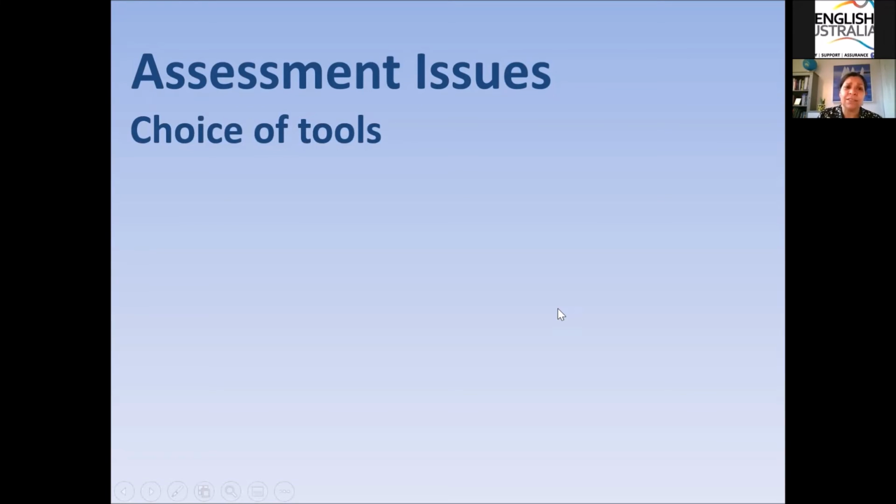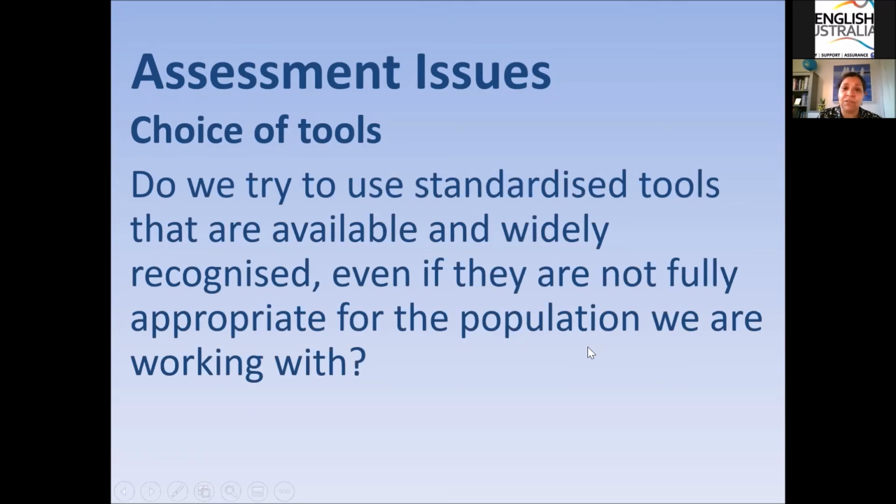How do we assess our learners to find out if they do have a learning difference? Of course, there are lots of tools available that assess people. Here we're working with language learners, so that's quite a different way of assessing, I suppose. And which tools do we use?